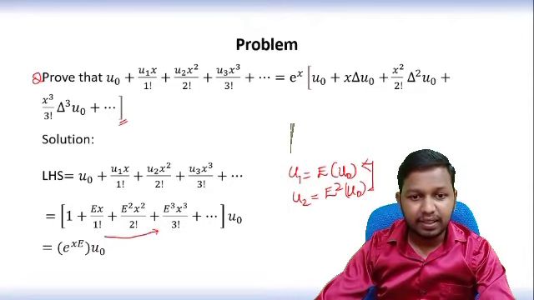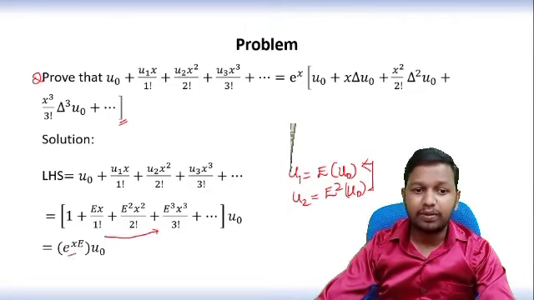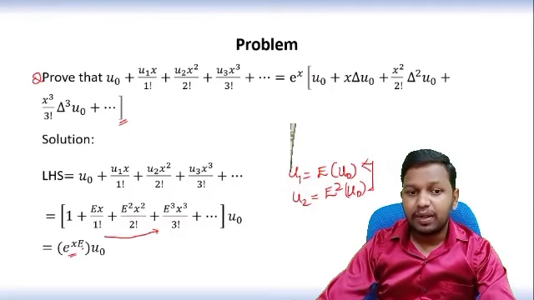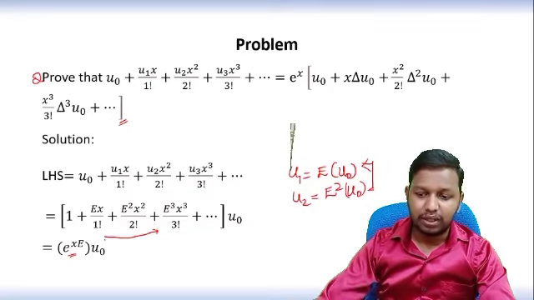This term is a series form of exponential term, hence we get e power x E into u0.